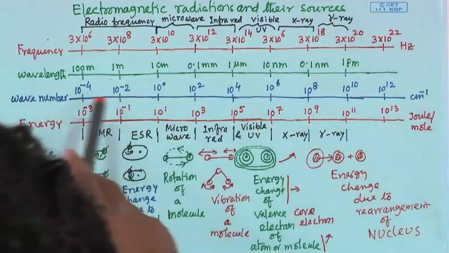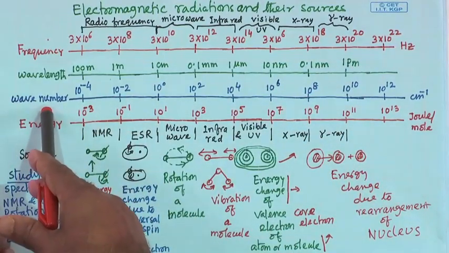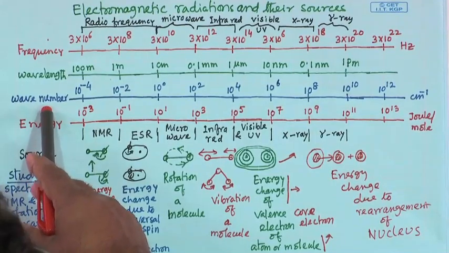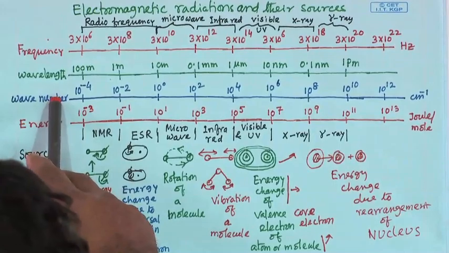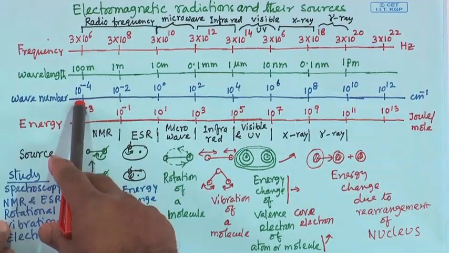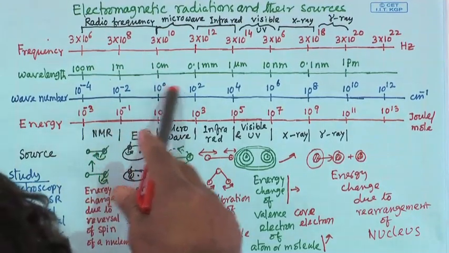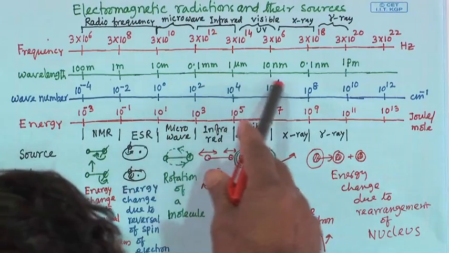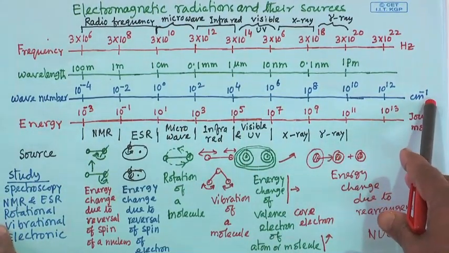Okay. So, in terms of wave number, you are familiar with the wave number. In terms of wave number, this is the scale: 10 to the power minus 4, 10 to the power minus 2, 10 to the power 0, 10 to the power 2, 4, 6, etc. It is in centimeter inverse.